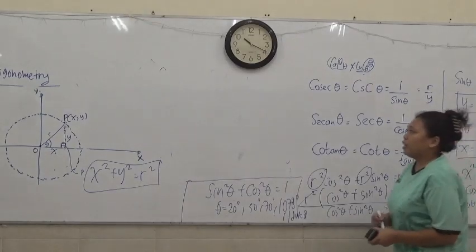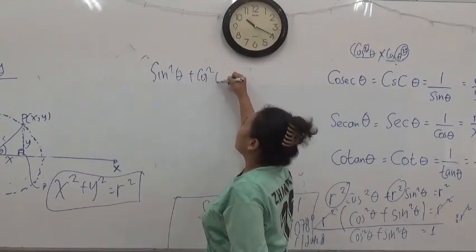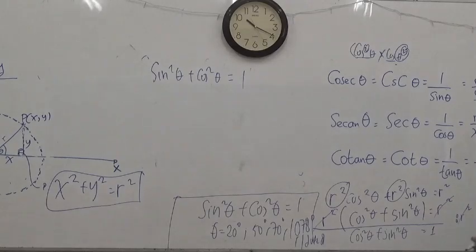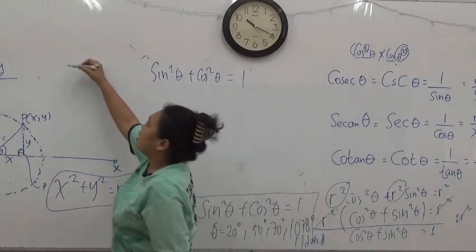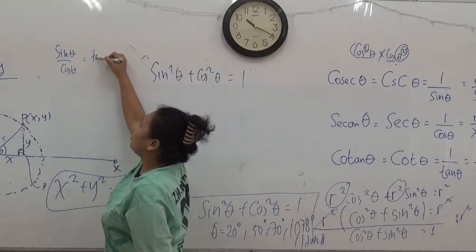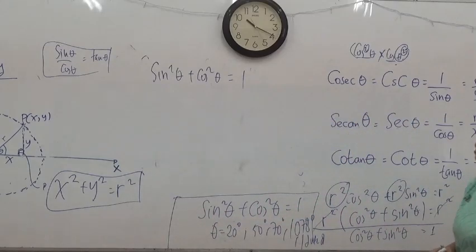So now we can expand plus cos squared theta equals 1. Okay, before we got one formula already, which is sine theta over cos theta equals tangent theta. We keep this formula because we're going to use it later. Sine squared theta plus cos squared theta equals 1. We proved it already.